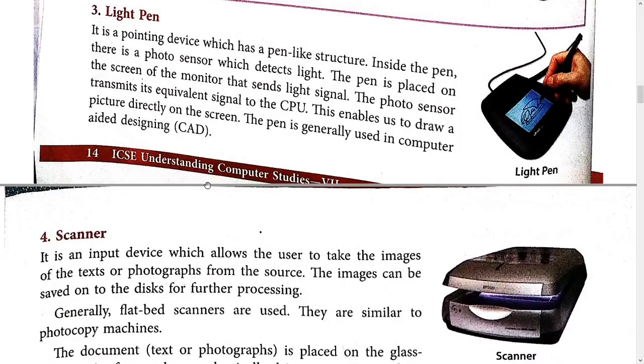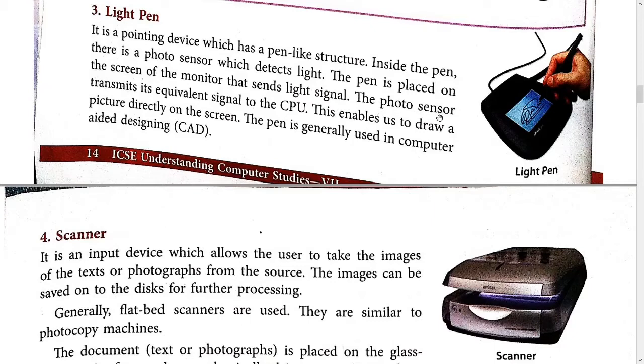Then light pen. Light pen is a pointing device which has a pen-like structure. Inside the pen there is a photo sensor which detects light. The pen is placed on the screen of the monitor that sends light signal. When you start writing, that sends light signal.